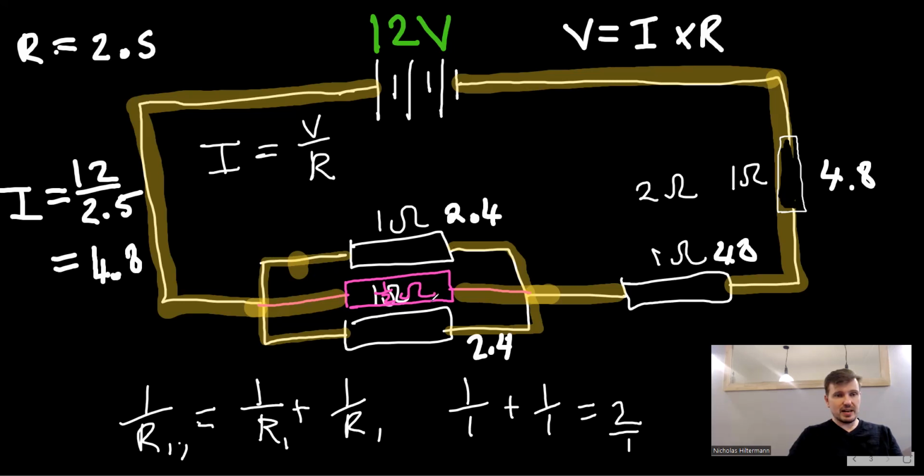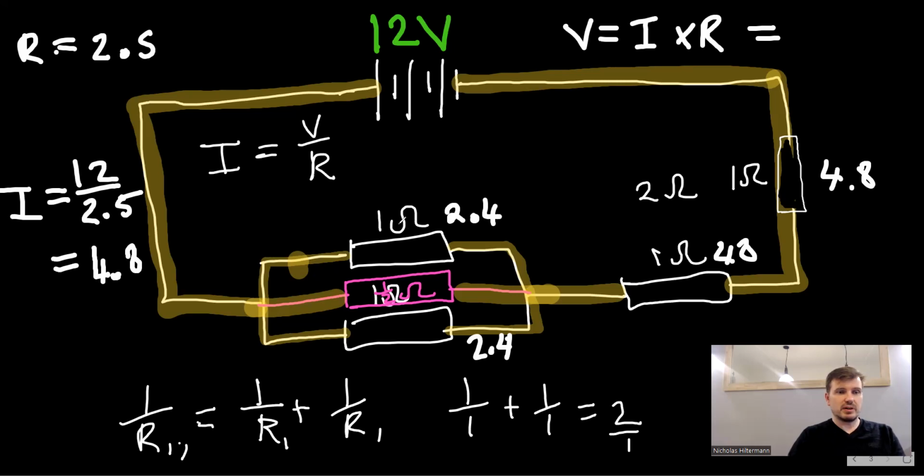So my current here, my voltage here, remember we treat these two resistors as a 1/2 ohm resistor. Well, if my current's 2.4... sorry, my current is 4.8.